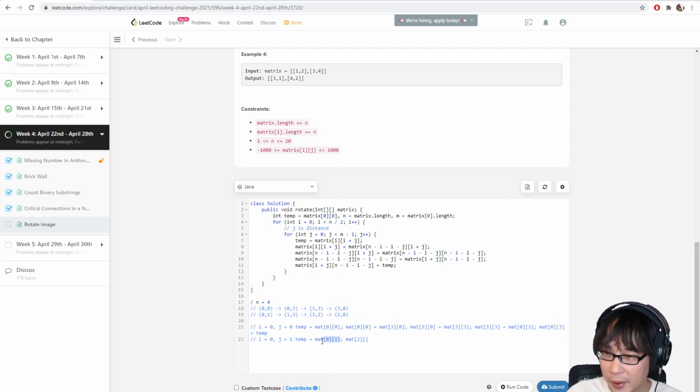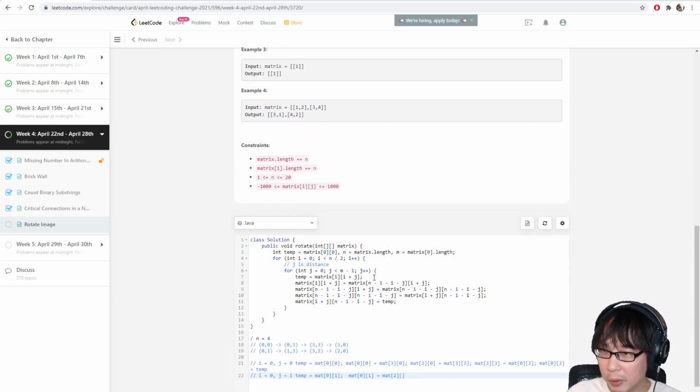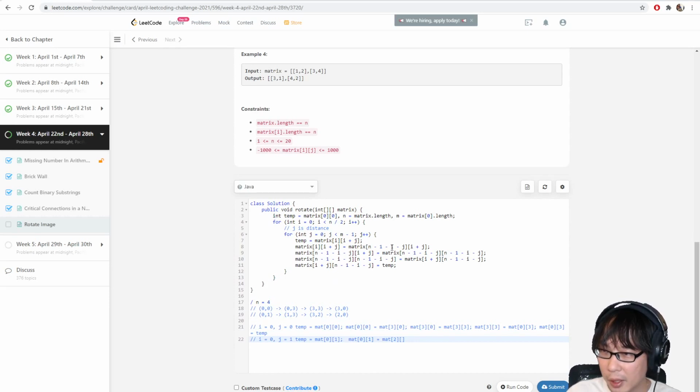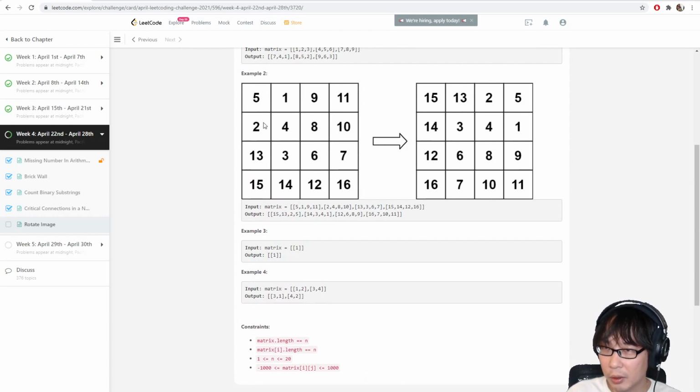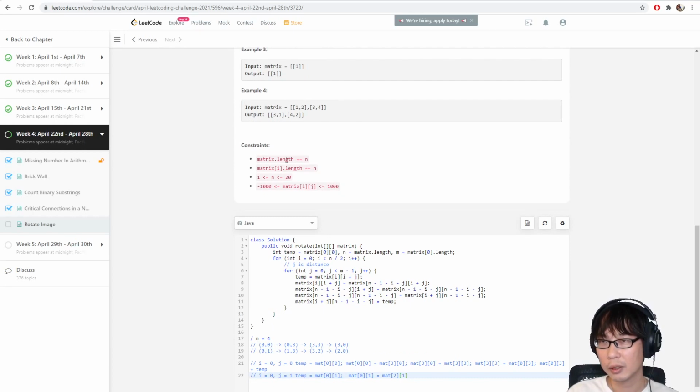Okay, hold on. So we have temp equals this, and this will equal matrix[3][2], and then [2][1]. That looks weird. That is wrong.